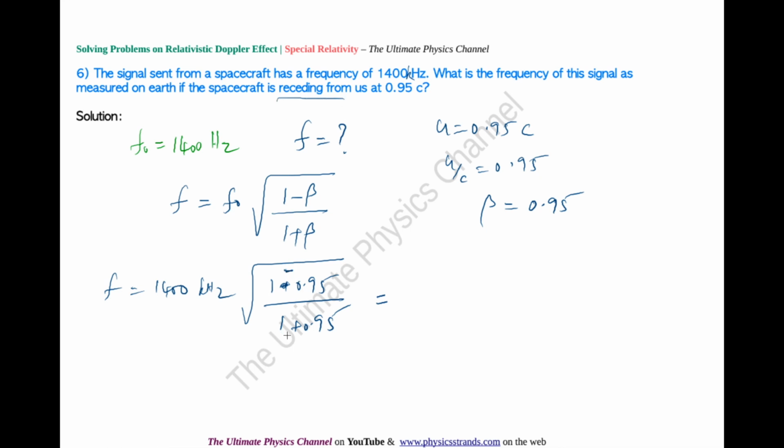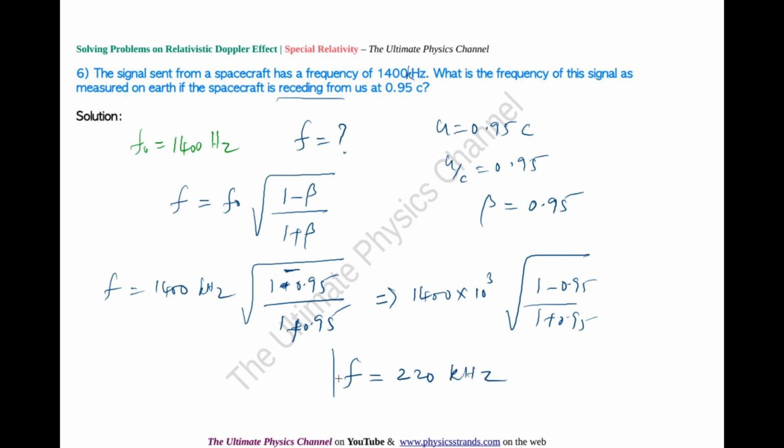So the denominator should have a plus sign, the numerator should have a minus sign, right? So if you do the math, 1400 into 10 power 3 kilohertz, 1 minus 0.95, 1 plus 0.95, turns out to be frequency 220 kilohertz. That's the answer to this question.